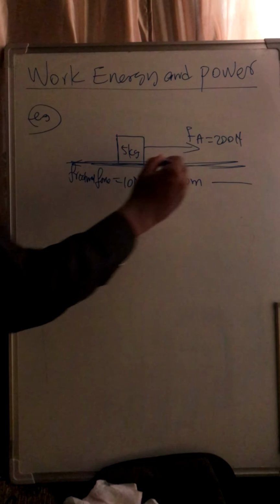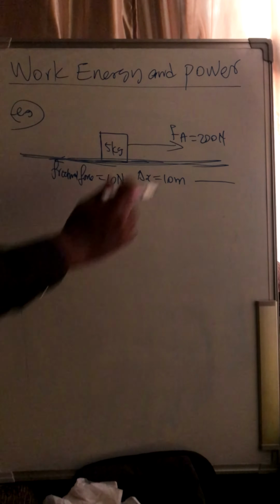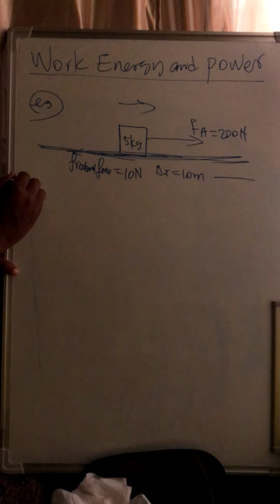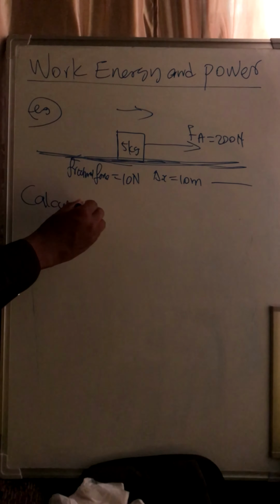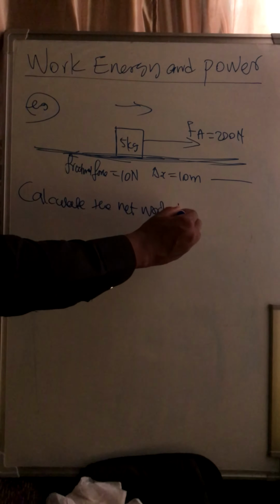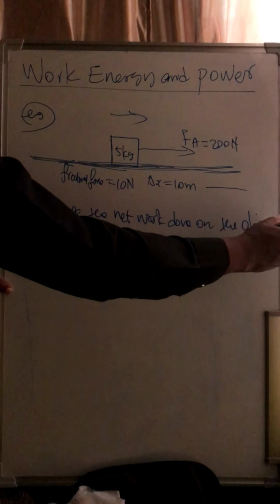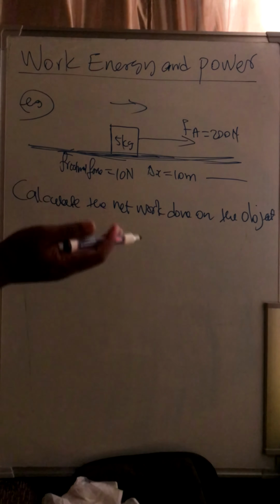So as you can see, look at this object here. This is like an example. That's why I don't have any information. I'm just writing an example. Now, this object is going to the right. My first example, I will say, calculate the net work done on the object as it moves to the right.